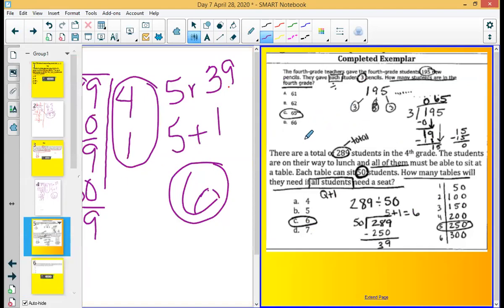Here are the answers as well. These are on here if you want to go back and look at a different strategy to use as well, but you get the same answer. I try to give you a lot of different strategies.